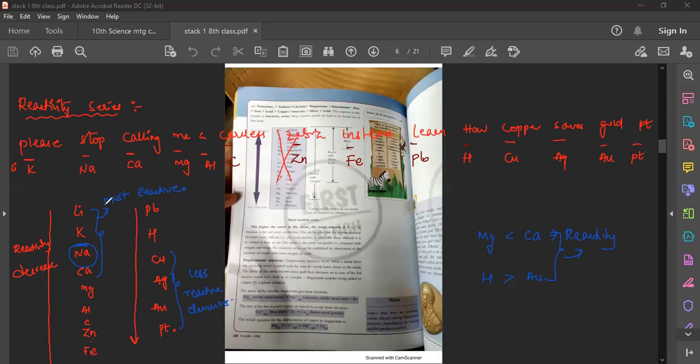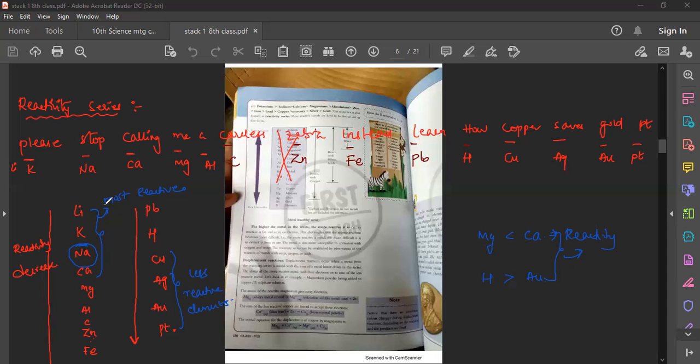They don't have the tendency to gain electrons. Less reactive metals will also lose the electrons at higher temperatures, but compared to lithium, sodium, potassium, they will not lose easily. Suppose you take copper, it will also lose the electron only, plus 1 or plus 2 electrons, but it cannot lose the electron easily, immediately.